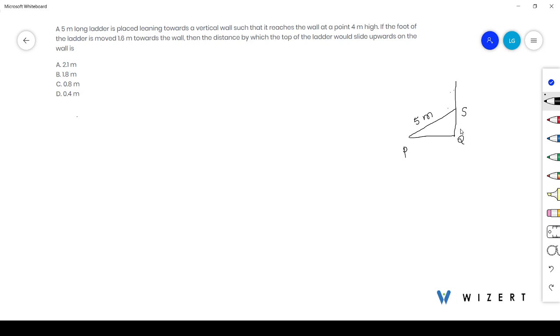If the foot of the ladder is moved 1.6 meter towards the wall, suppose here it is O, then PO will be 1.6. This is R, then the ladder slides upward. We have to find this length, that is SR. Suppose it is X meter.